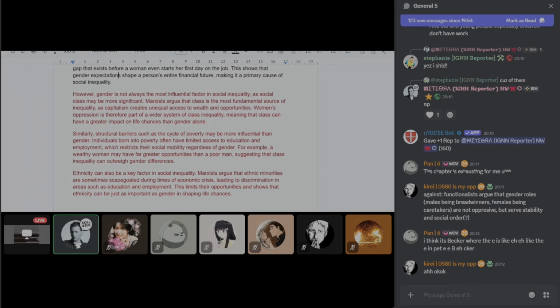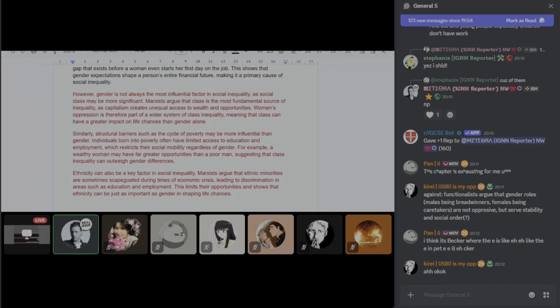Over here, we're discussing another social factor, class, and we're linking it with the Marxist class inequality theory, which would get full marks. Number two, structural barriers such as the cycle of poverty may be more influential than gender. Individuals born into poverty often have limited access to education and employment, which restricts their social mobility regardless of gender.